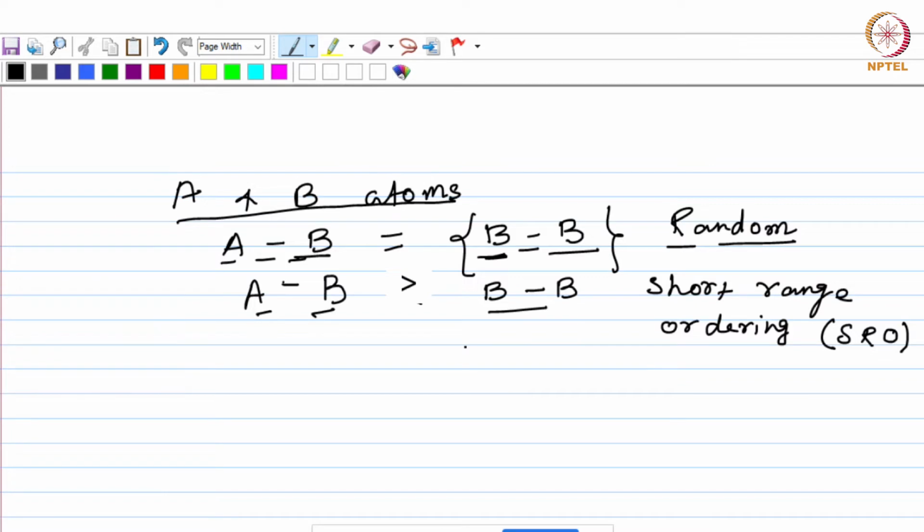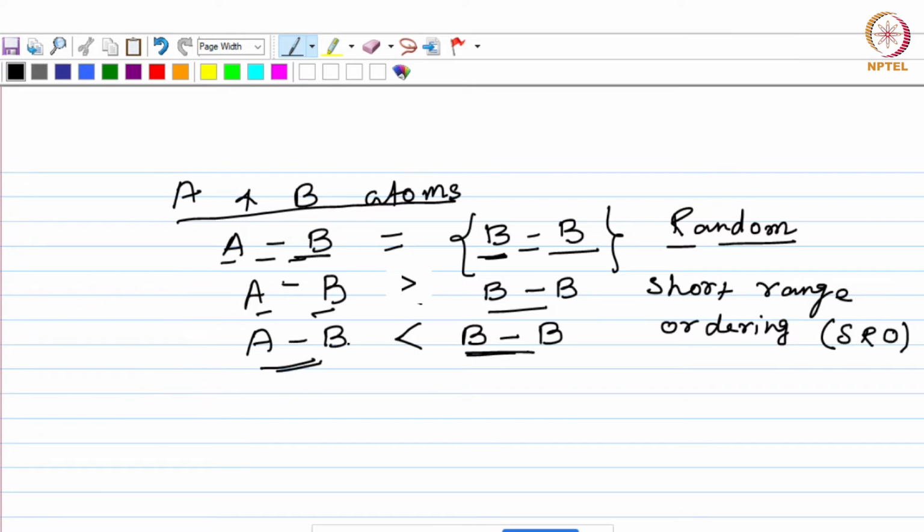Okay, and a complete opposite scenario of this is called clustering. That means the tendency of having similar atoms, that means B having B atoms around it, is more than the tendency of having dissimilar atoms.